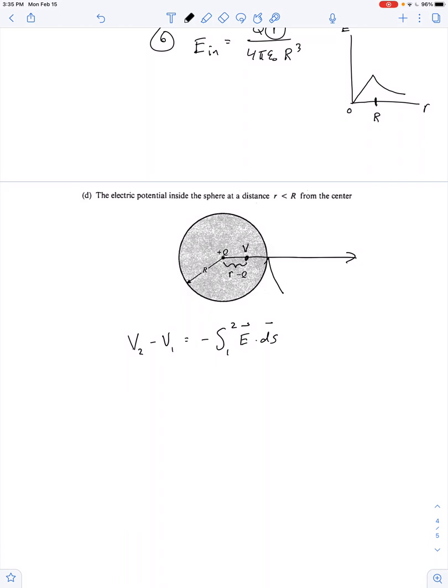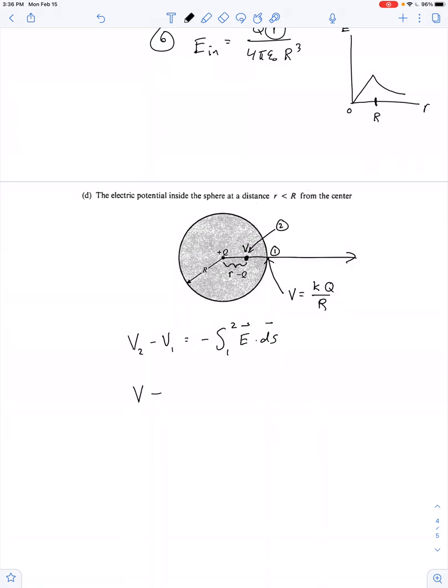So we know here at the surface the electric potential is K capital Q over capital R. So let's let that be point number 1, and then we'll let the point we're trying to solve for be point number 2.